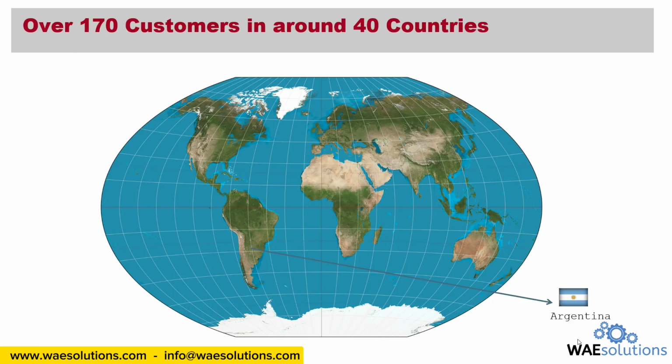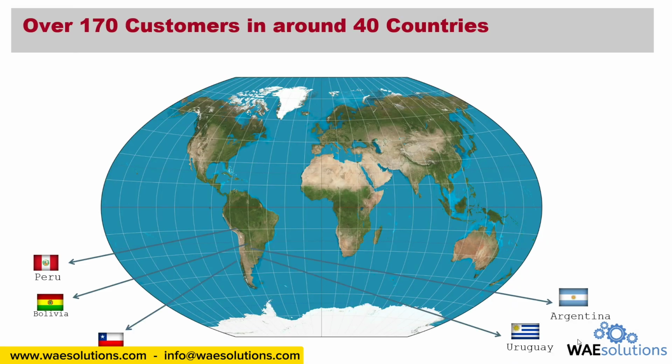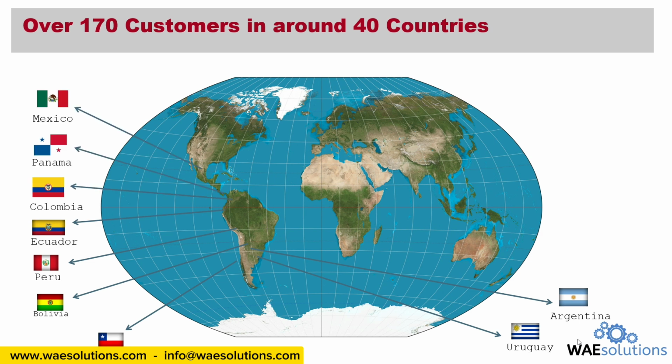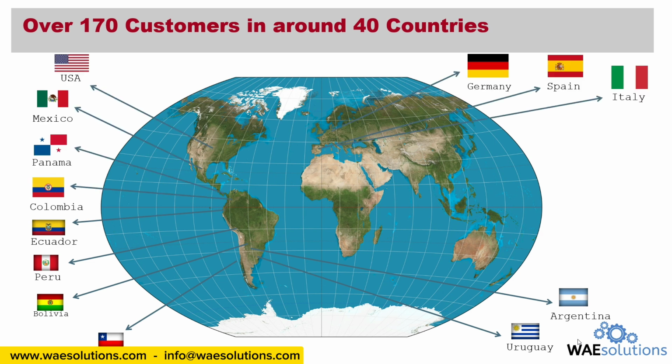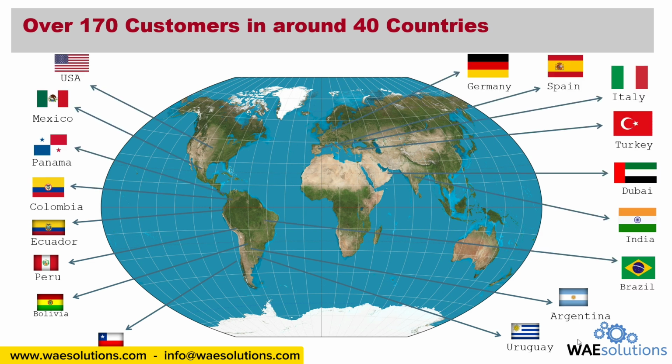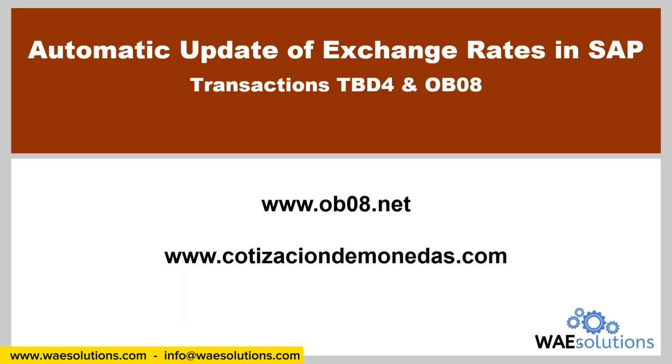Up to now, we have around 170 customers using this solution in around 40 to 50 countries. We have customers that have been using our solution for over 9 years, and year after year, more and more customers are using our solution every night for updating the values in their own SAP systems.